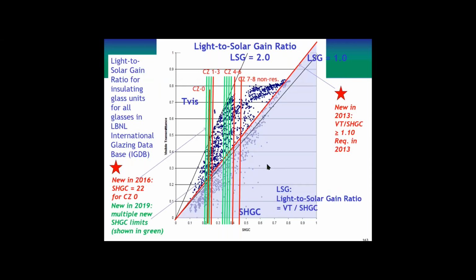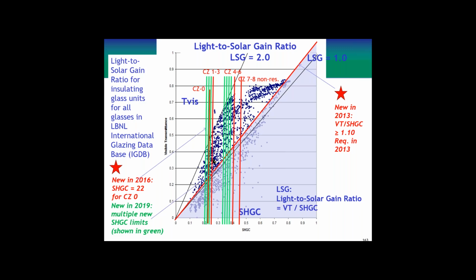So the Lawrence Berkeley National Labs has collected glass qualities, I guess is the right word. But what we track is visual transmittance.